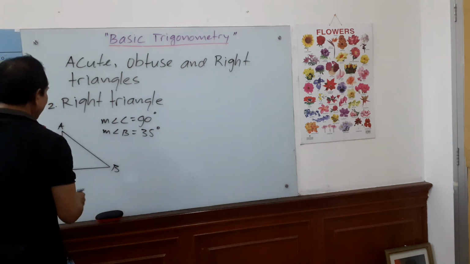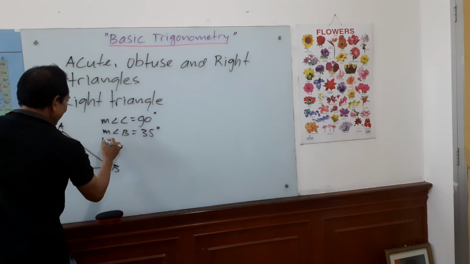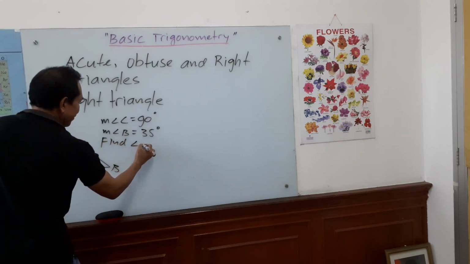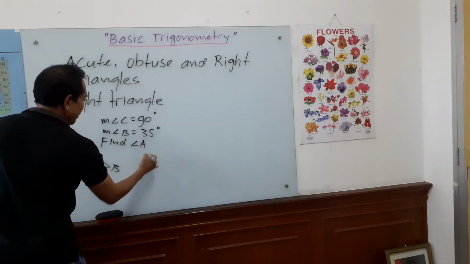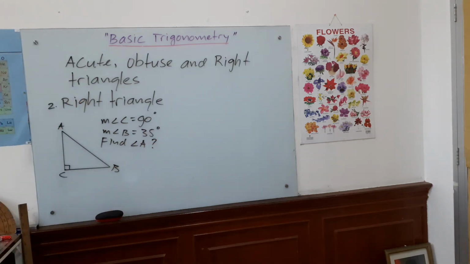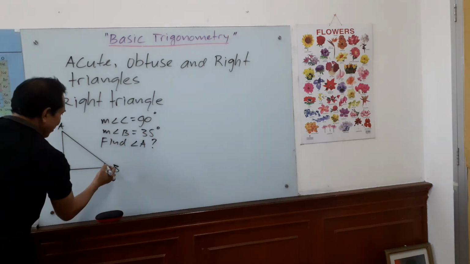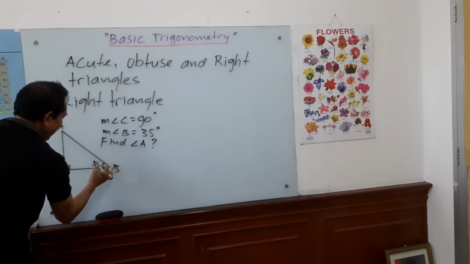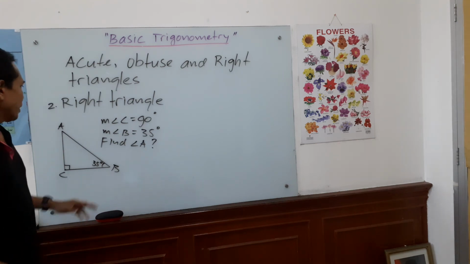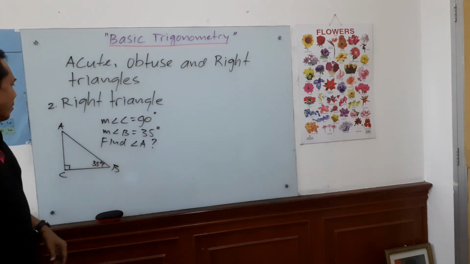Now, what is angle A? Or they say, for example, find angle A. Okay, find angle A. Now, we can use the same method. So, for example, we put here, this is 35 degrees. Now, what is angle A?